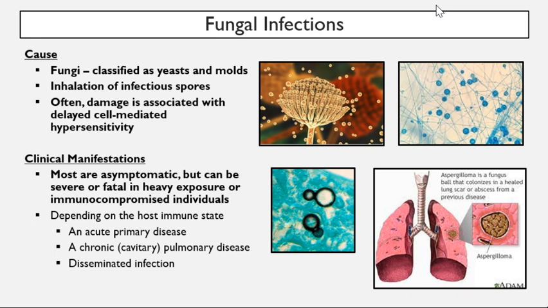Your body's pretty good at dealing with fungi and molds, but they can creep into your lungs pretty easily, and so it's just the presence of these replicating yeasts in the lungs that you're going to see diagnostically. Most are asymptomatic, but can be severe or fatal with heavy exposure or in immunocompromised individuals.